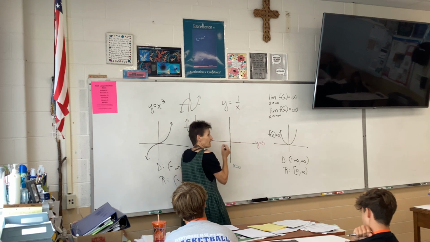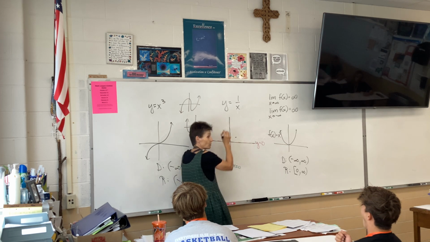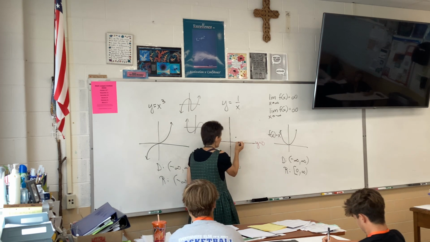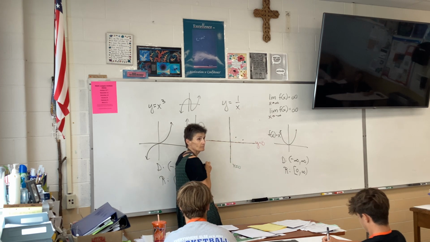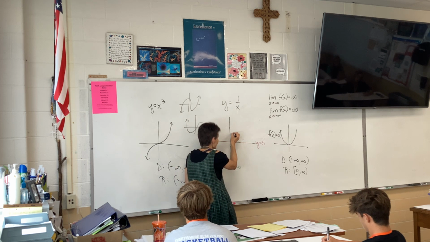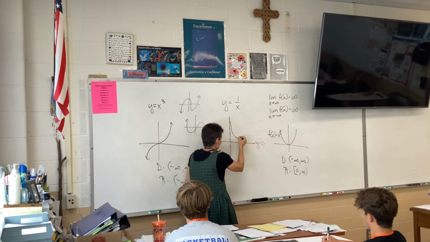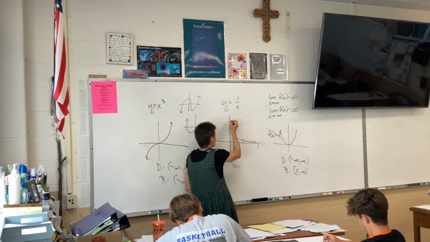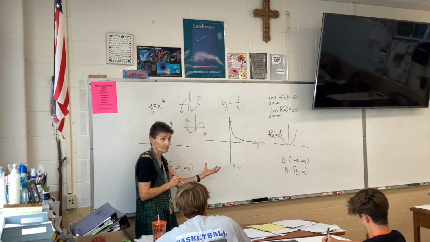Now, let's just plot a couple points real quick. If I put in 1, I get 1. Would you agree? If I put in 2, I get 1/2. But if I put in 1/2, I get 2. The shape I get is this. A little hyperbola. You guys do hyperbolas last year?